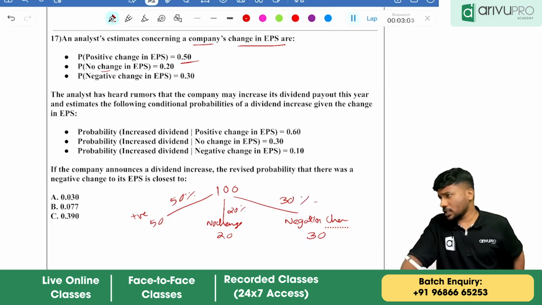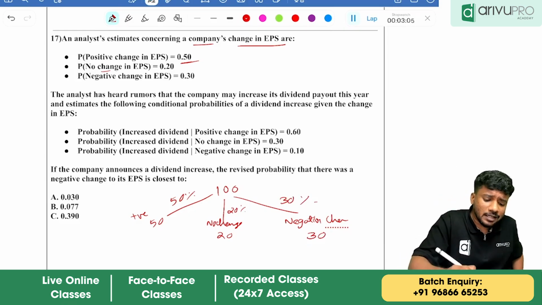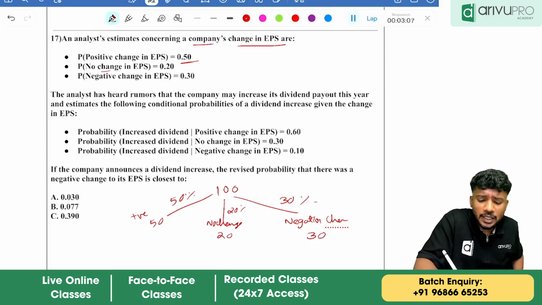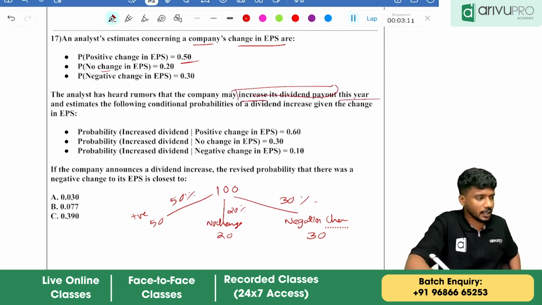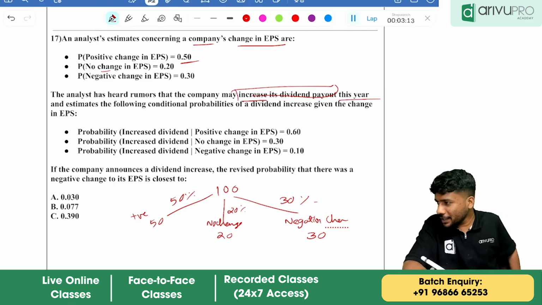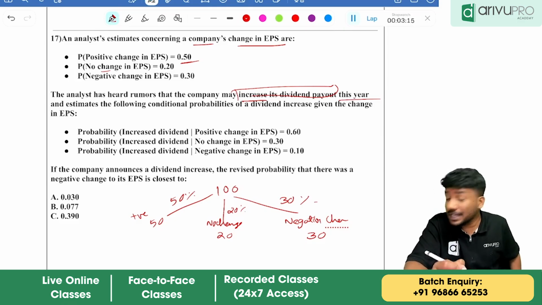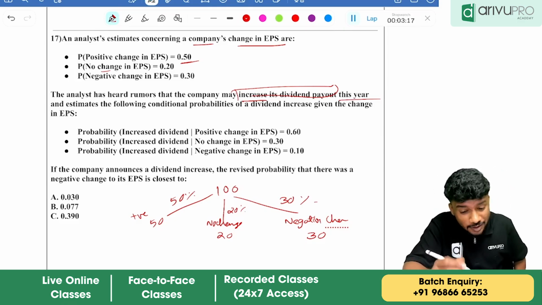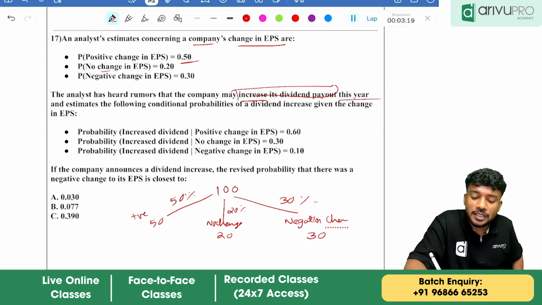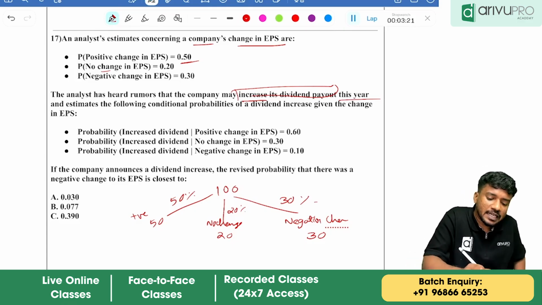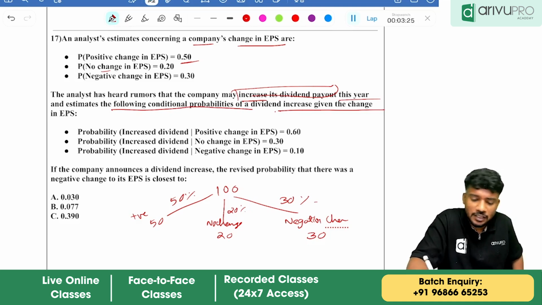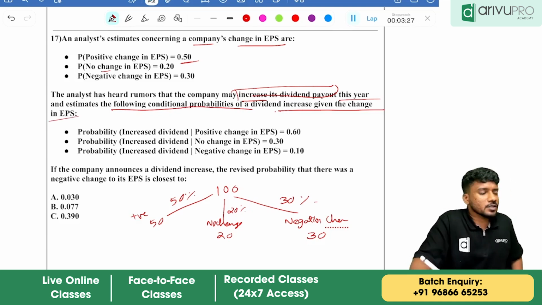Now coming to the analyst heard rumors that the company may increase its dividend payout this year. Okay, so he heard a rumor that the company is going to increase the dividend payout this year, and estimates the following conditional probabilities of a dividend given the change in EPS.